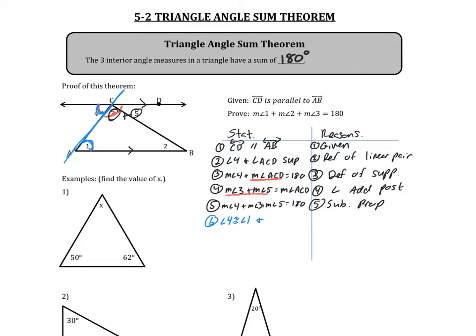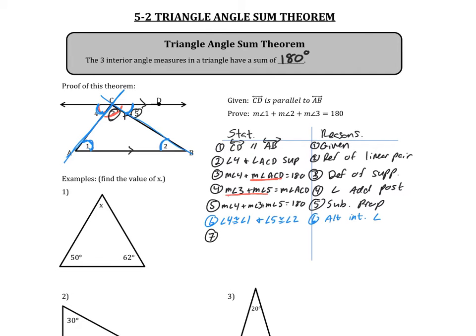And I also know that angle 5 is congruent to angle 2 for the same reason, just on a different transversal. So angle 5 is congruent to angle 2. And we know that because they are alternate interior angles.